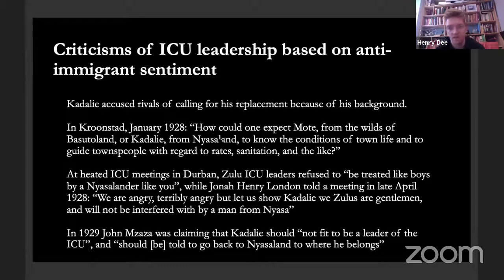So in Durban in particular, Kadali is challenged. They're not prepared to be treated by a Nyasalander like you. We Zulus are gentlemen and we will not be interfered with by a man from Nyasaland. So there's certainly anti-immigrant politics, which are integral to the collapse of the ICU in the late 1920s.